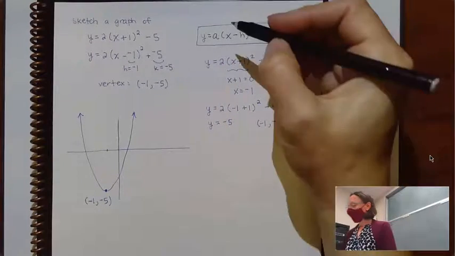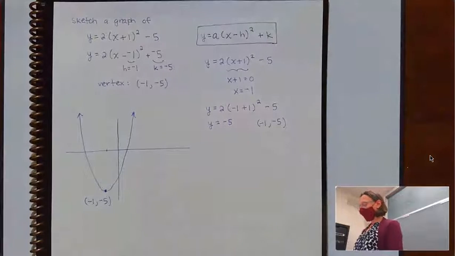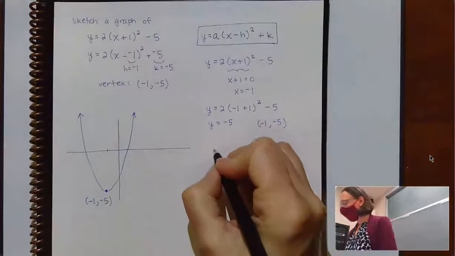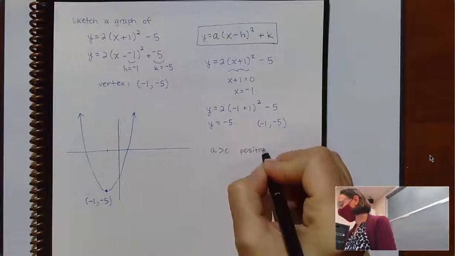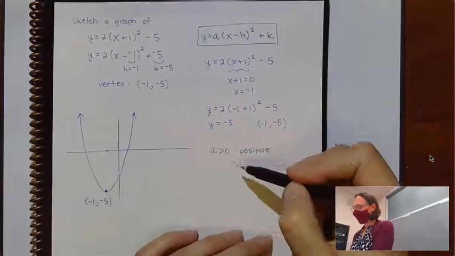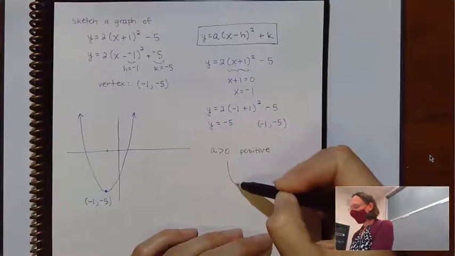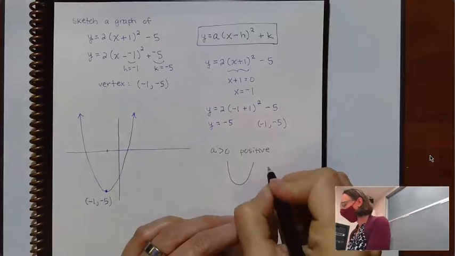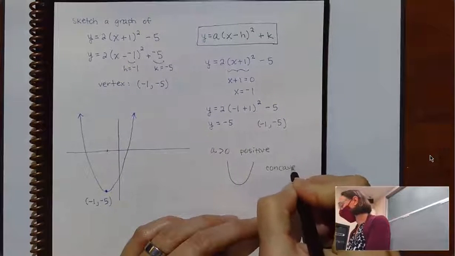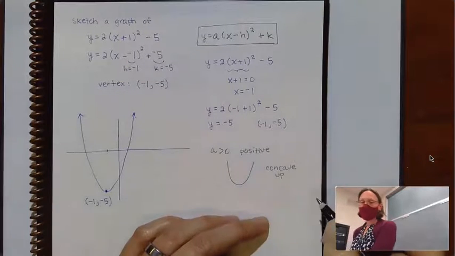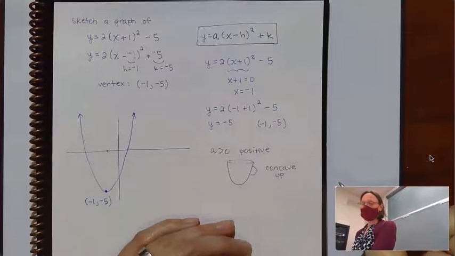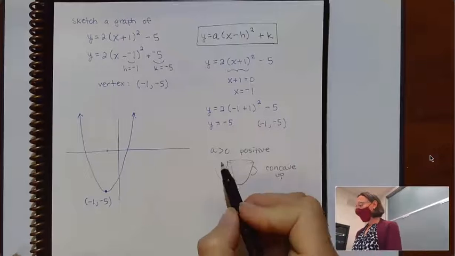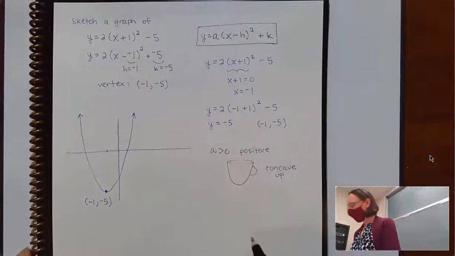Now, in terms of what's going on with that a out in front, if a is positive, then the shape will look like concave up, like a cup. That's my attempt at drawing a coffee cup. So if a is positive, we're concave up.